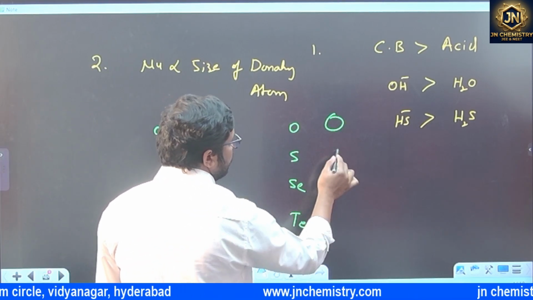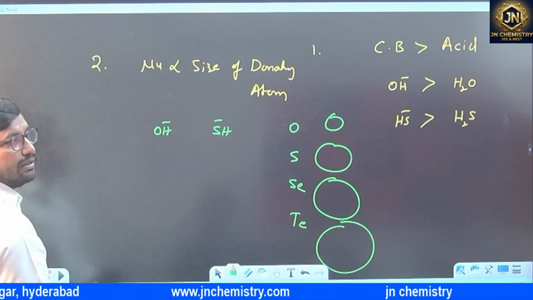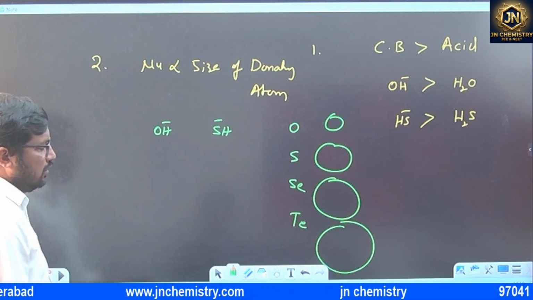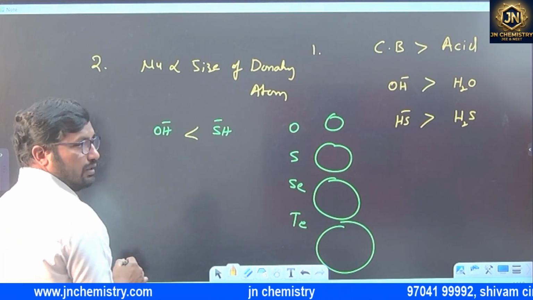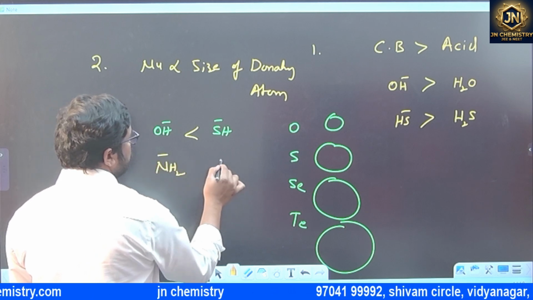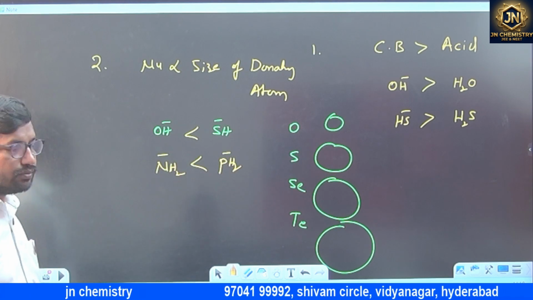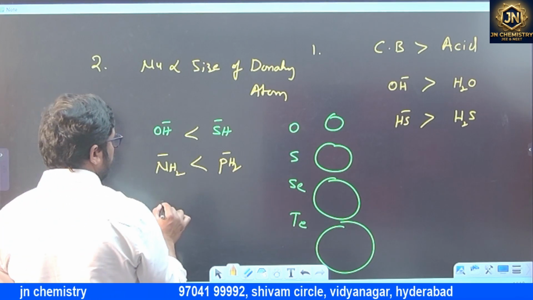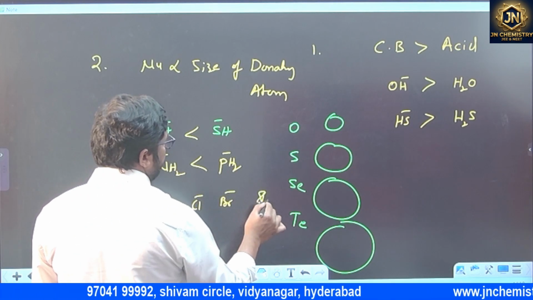From top to bottom, size is increasing. So in this case, which is the stronger nucleophile? Obviously, SH. NH2 minus, PH2 minus. For example, chlorine, bromine, iodine.